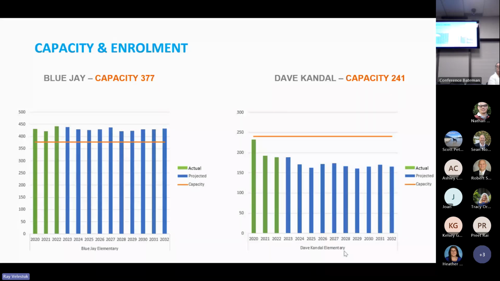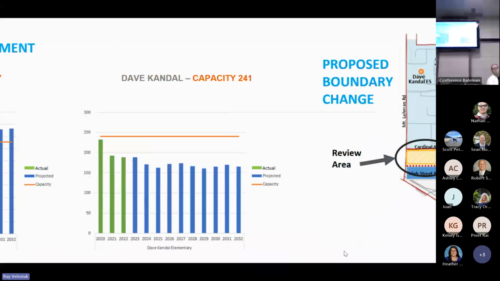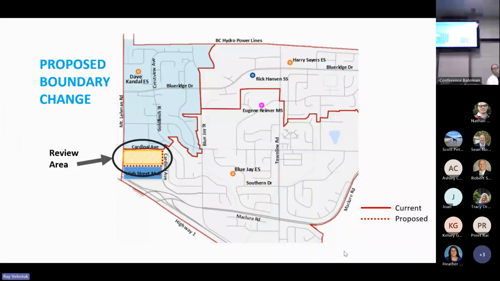And I say that because Blue Jay would likely be even a little bit more over capacity if we had a higher participation rate. But there is room at Candle, and the proximity and locations make Candle the reasonable choice to consider the shift of this boundary to go to Dave Candle.